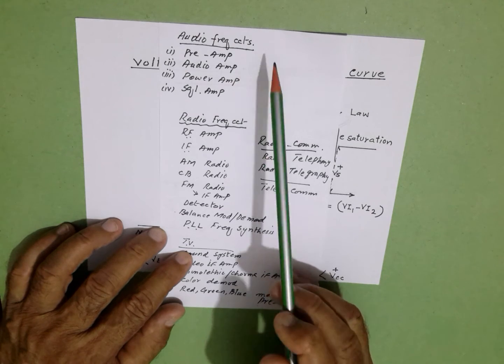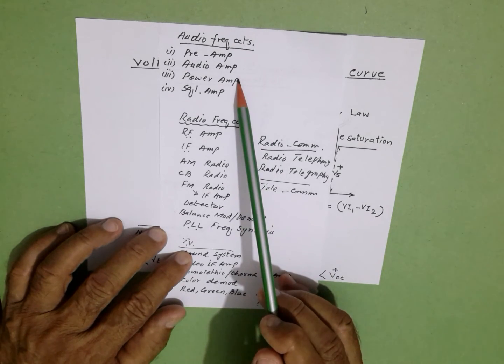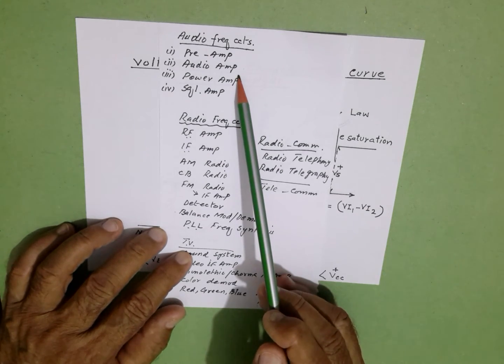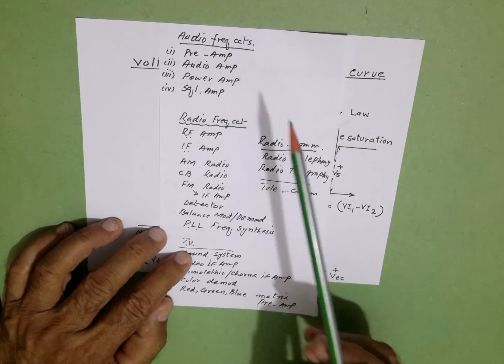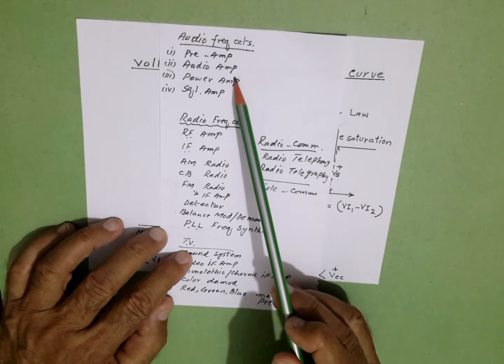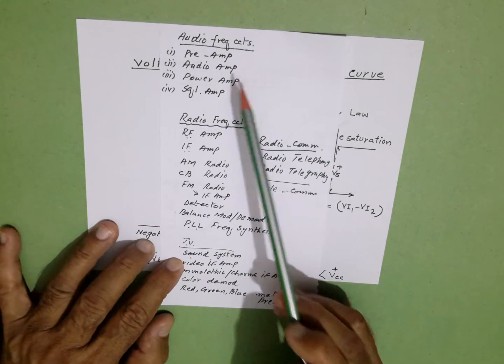If you are using this operational amplifier as a power amplifier, beyond point X, the distortion will result, and you have to operate within the linear portion of the curve.